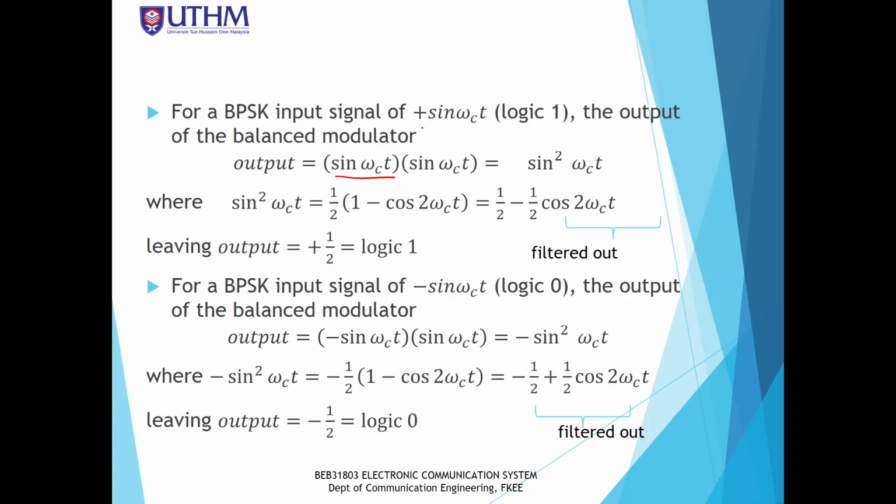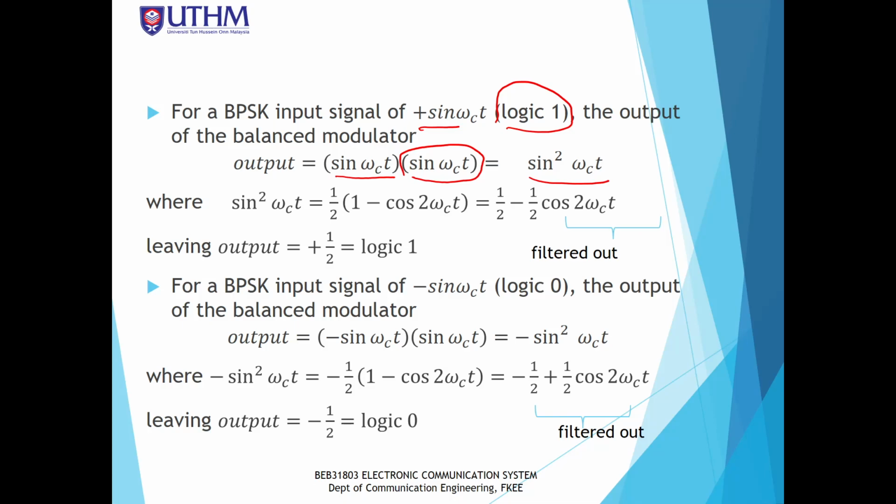If we receive sine omega ct, it represents logic 1 from the transmitter. At the receiver we want to demodulate this signal, so we multiply with the carrier sine wave and produce sine square, which gives high frequency and also low frequency output.